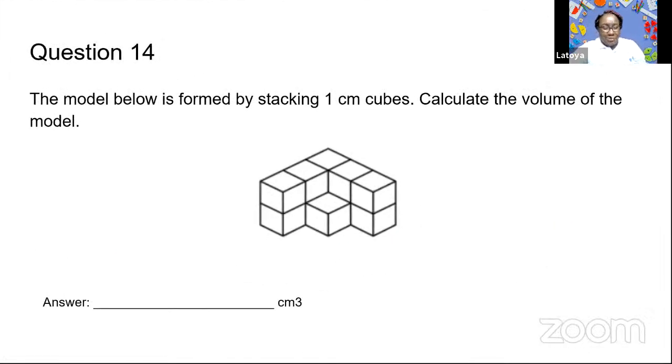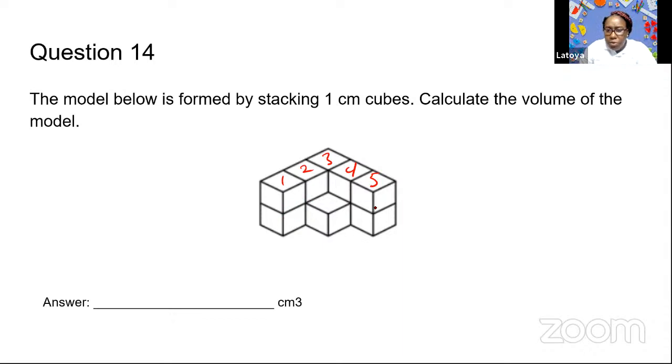Question number 14. The model below is formed by stacking 1 centimeter cubes. Calculate the volume of the model. Okay, now if we look at this model carefully, we can see how many cubes are stacked onto one another here. We have 1, 2, 3, 4, 5. So we have 5 cubes on top.